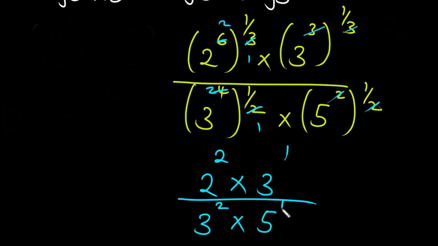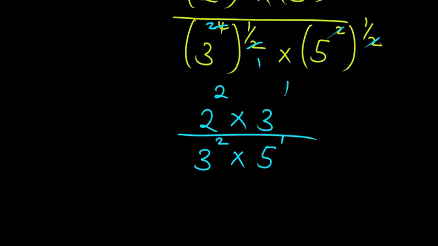Now I think it looks simpler. Now we have 2 squared. 2 squared is 4. 4 times 3 is 12.